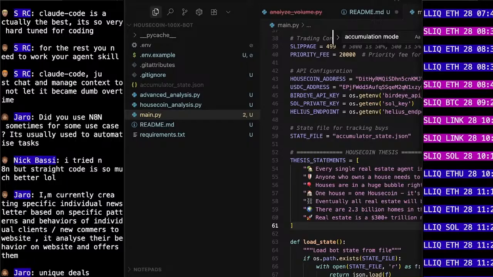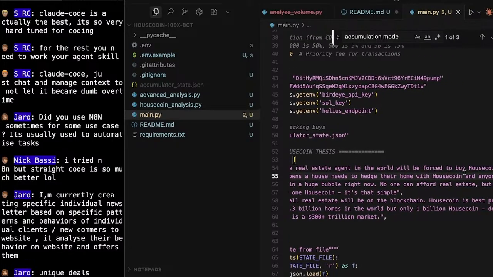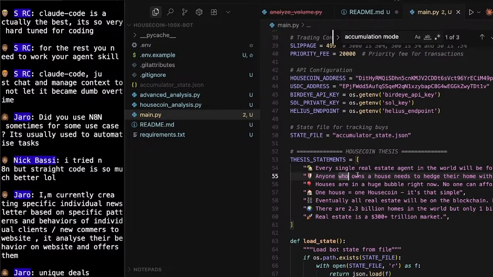Anyone who owns a house needs to hedge their home with Housecoin. And anyone who doesn't own a home, I don't want to say they need to.